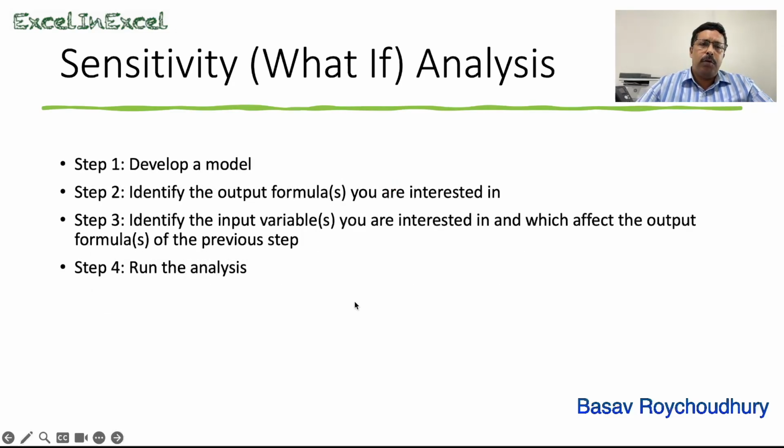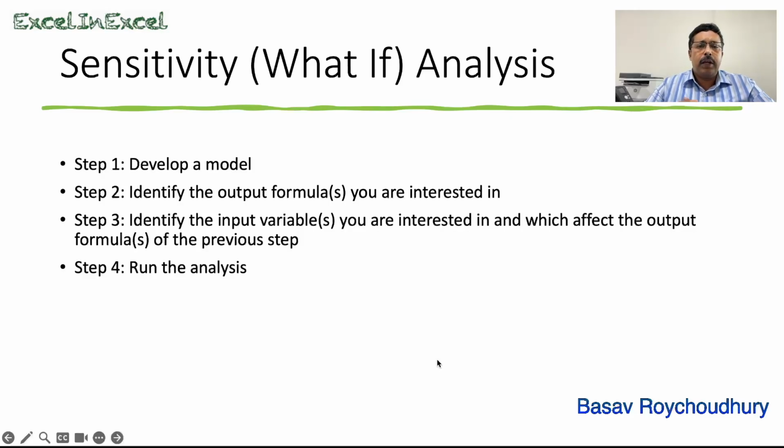So first and foremost, when we do a sensitivity or a what-if analysis, the first requirement is that we need to develop a model. Once we develop a model, we identify which output we are interested in. We might be interested only in the final profit, or in the profit as well as the revenue as well as the tax.